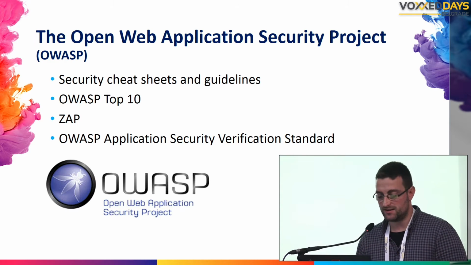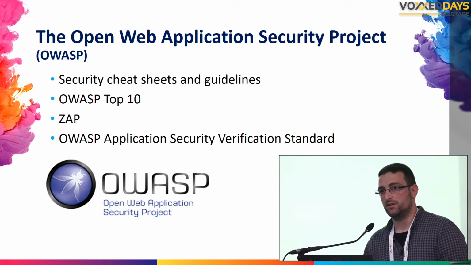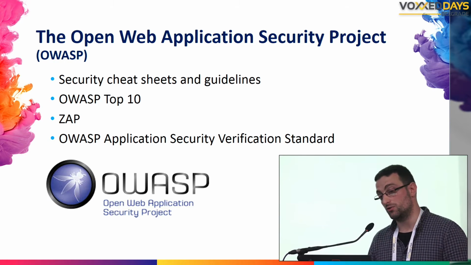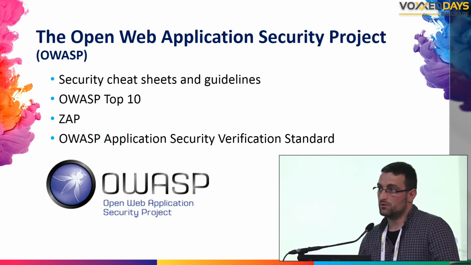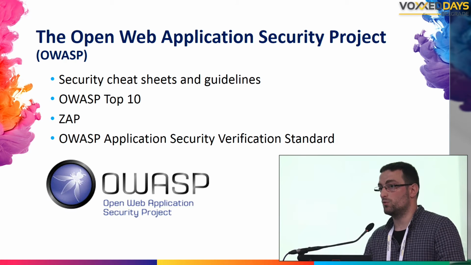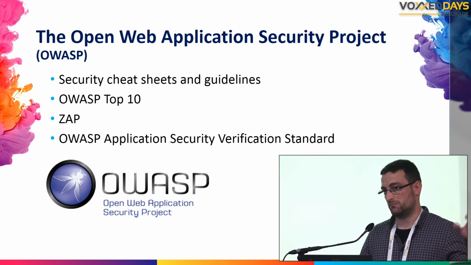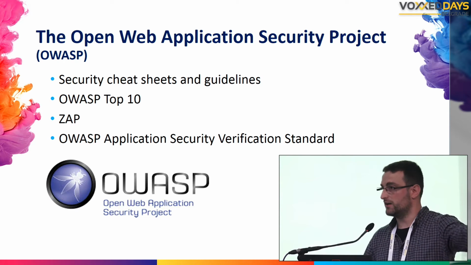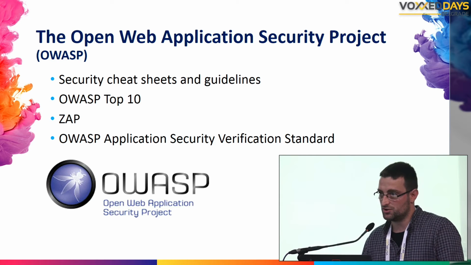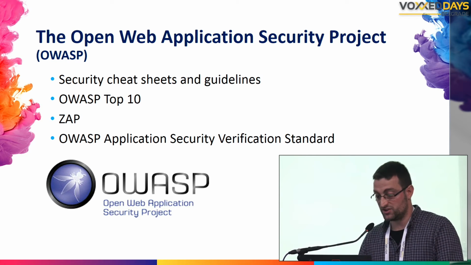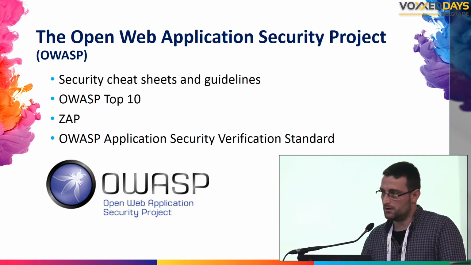But the last thing is the Application Security Verification Standard. When I said earlier that you need to say that your application is secure, you want to have some sort of a standard you want to hang on to. You want to say, okay, my application is secure according to this standard, and this standard provides a leveling of security. It offers 3 levels of security.